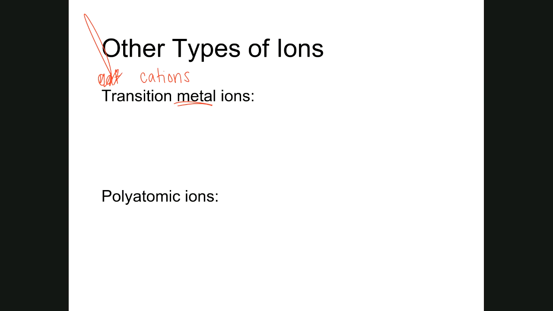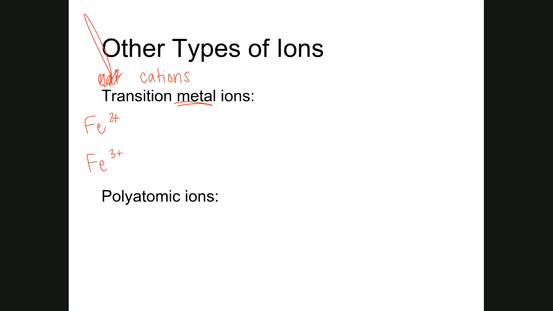Since they have multiple charges, we always have to be specific about what the charge is whenever we're naming the ion. So for nitrogen, it's always going to be -3, so we just called it nitride. But for a transition metal, it's not always going to be the same number. So for instance, iron, which is Fe, can exist as a 2 positive, or it can exist as a 3 positive.